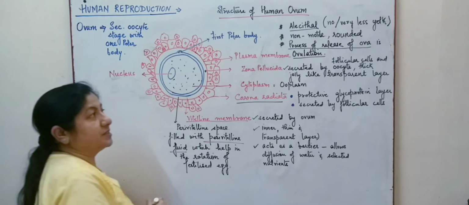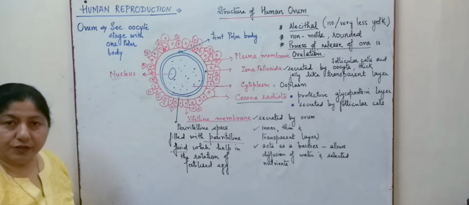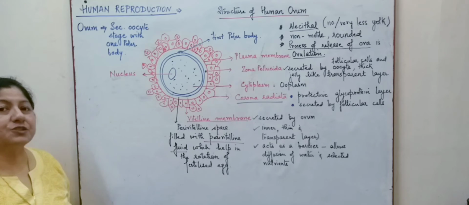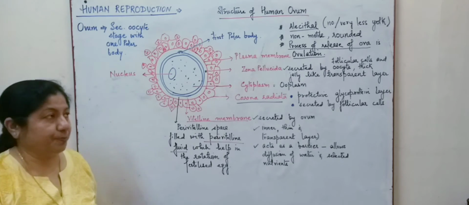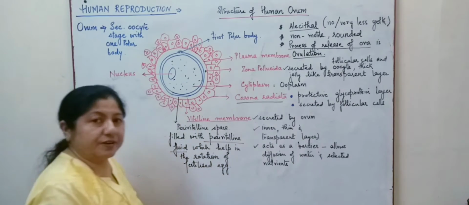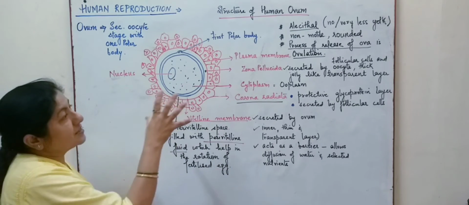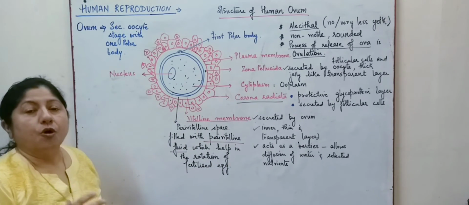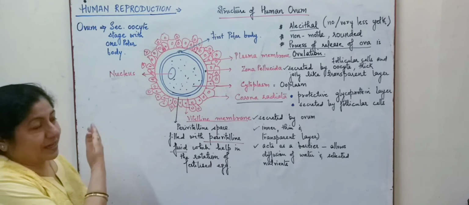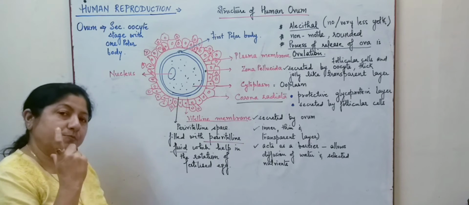Now, the process of the release of ova is known as ovulation. And there is a fixed cycle of this ovulation that we'll be discussing in the later parts. The human ovum is rounded or spherical in nature. So these are some of the characteristics of the human ovum, that it is released at the secondary oocyte stage having one polar body.